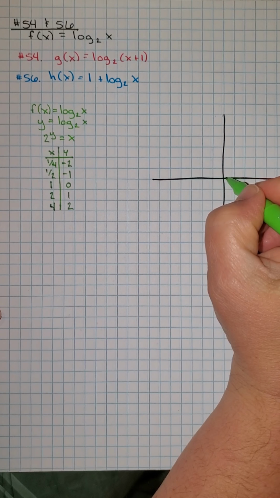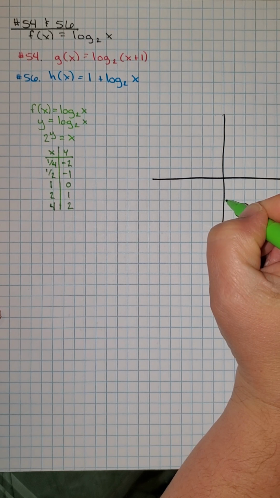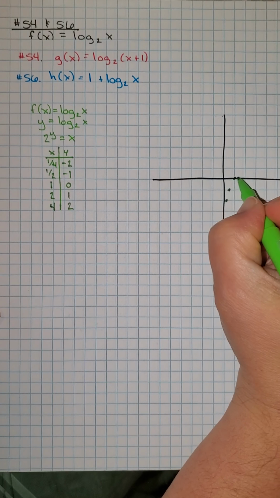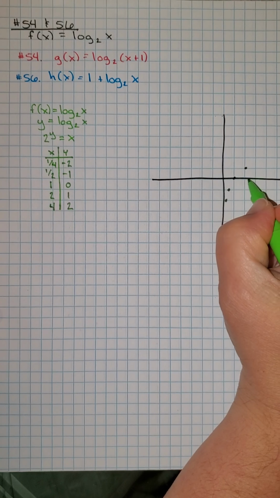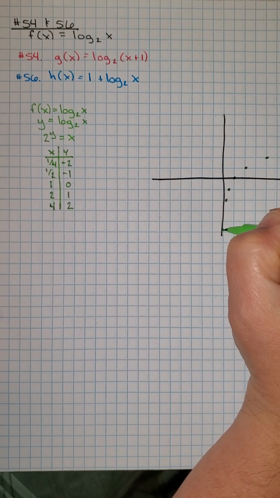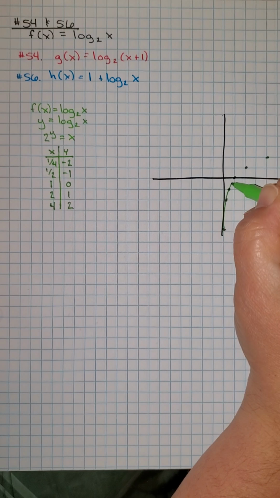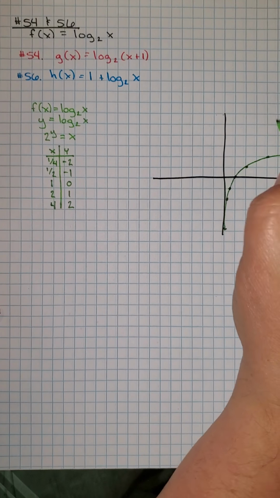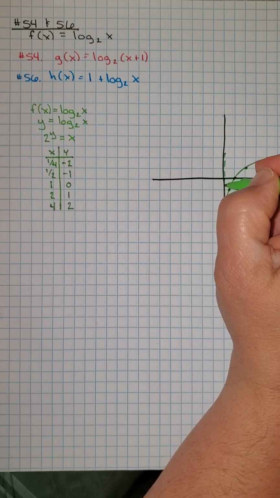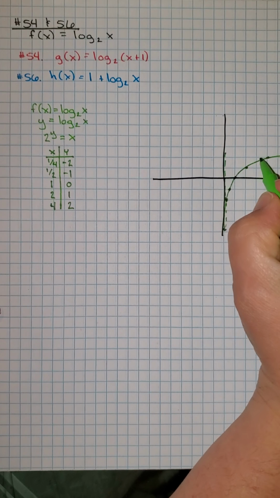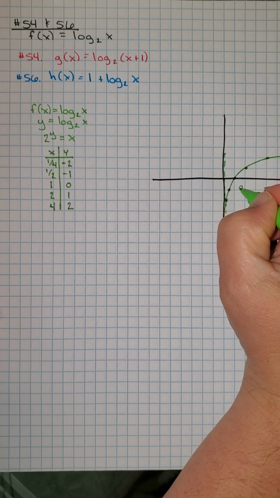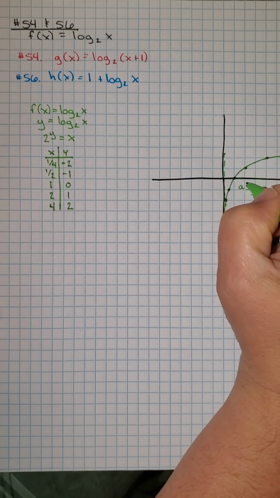So graphing these points, we have 1/4, -2. We have a half, -1. 1, 0, 2, 1, and 4, 2. Okay, so this one has an asymptote at x equals 0. And this is f of x.